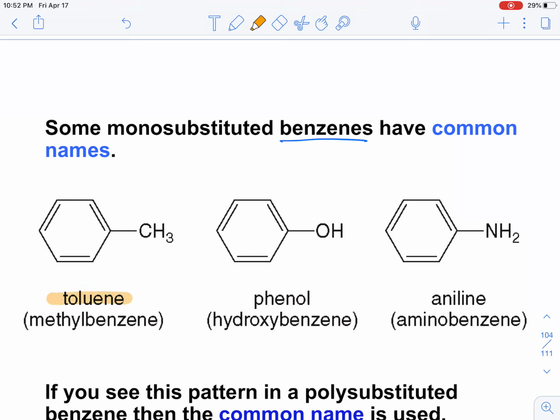So you need to memorize or be very familiar that if you have a benzene ring with a methyl group that looks like this, it is going to be toluene. Now remember that this methyl group doesn't have to point to the right. You can literally rotate it anywhere. And the same holds true for all of these other common monosubstituted benzenes.